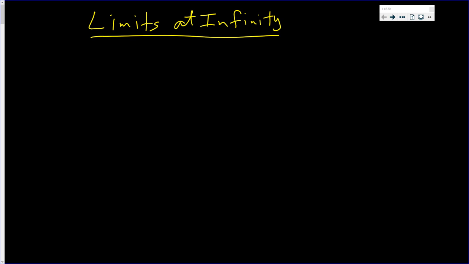Limits at infinity. Knowing the answer if the numerator and denominator are polynomials is really trivial. Here is the recipe.